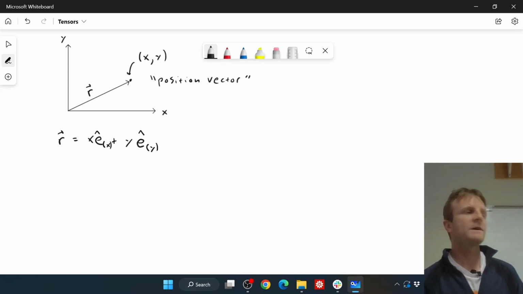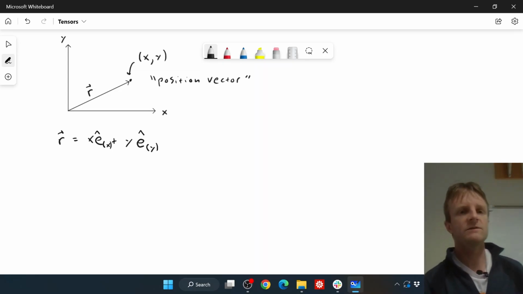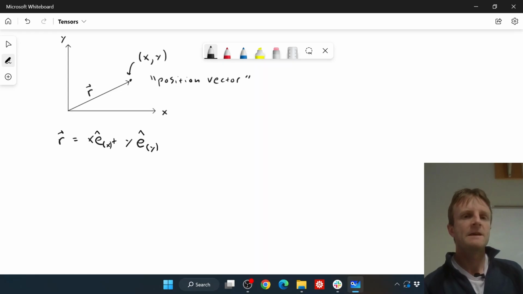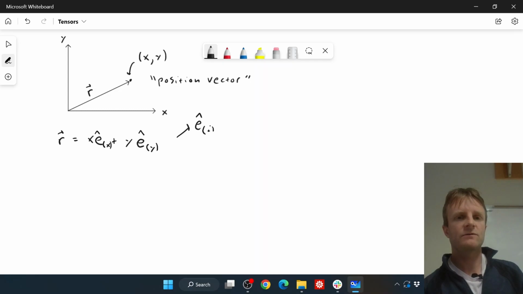So just don't worry about the meaning of that notation for now. These are just the things you're used to. These are x hat and y hat, okay? And so the way to view this equation is that e hat x and e hat y, so the e hat, let's call it script I, live in an abstract vector space.